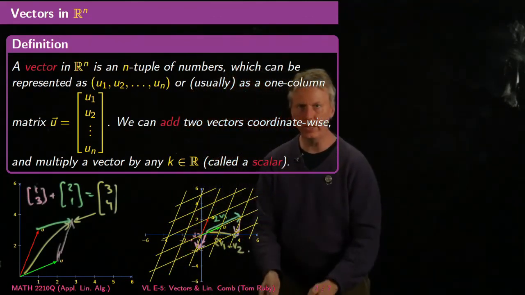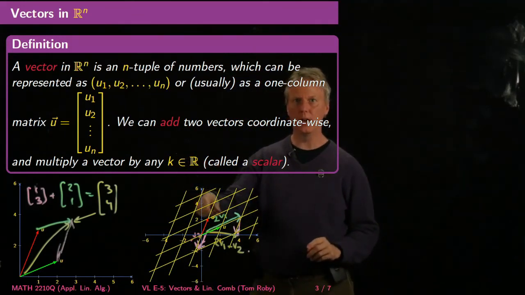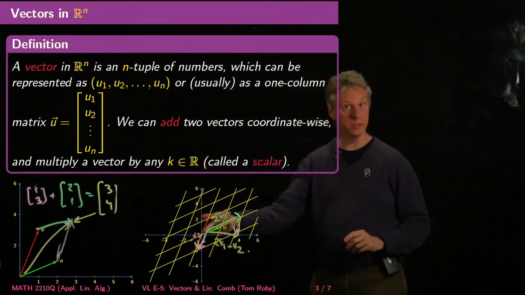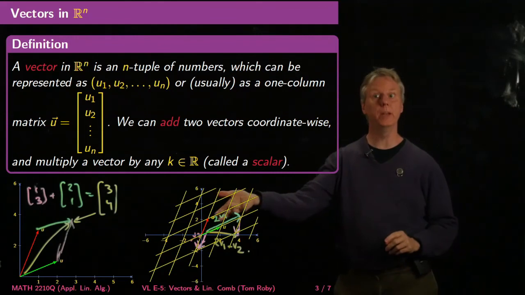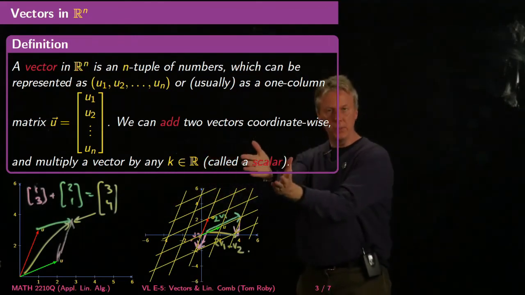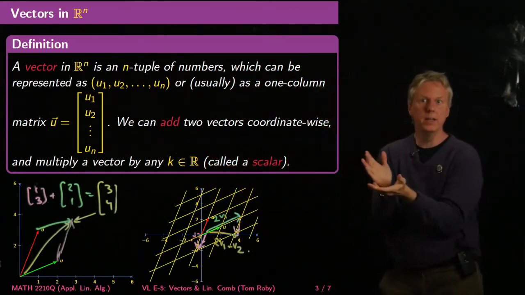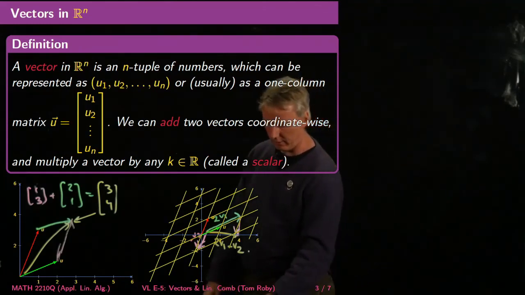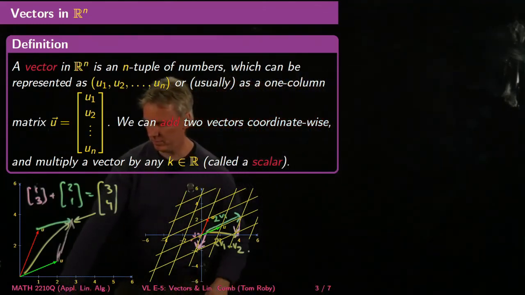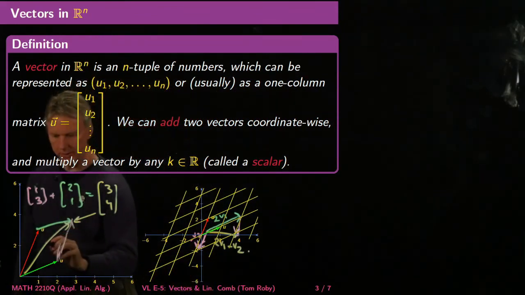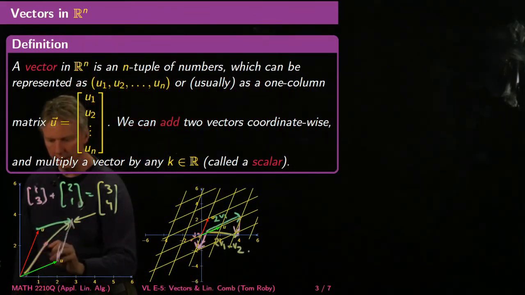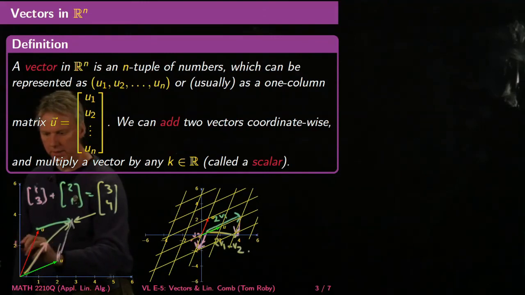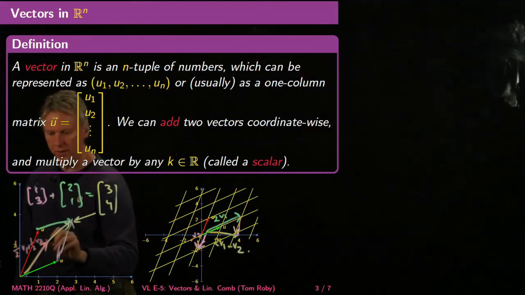And in fact, all the intersection points here are the integer linear combinations of these 2 vectors, and the points in the middle are the ones that I get by taking fractional linear combinations. So for example, this vector here is 1/2 V1 plus 1/2 V2, right?